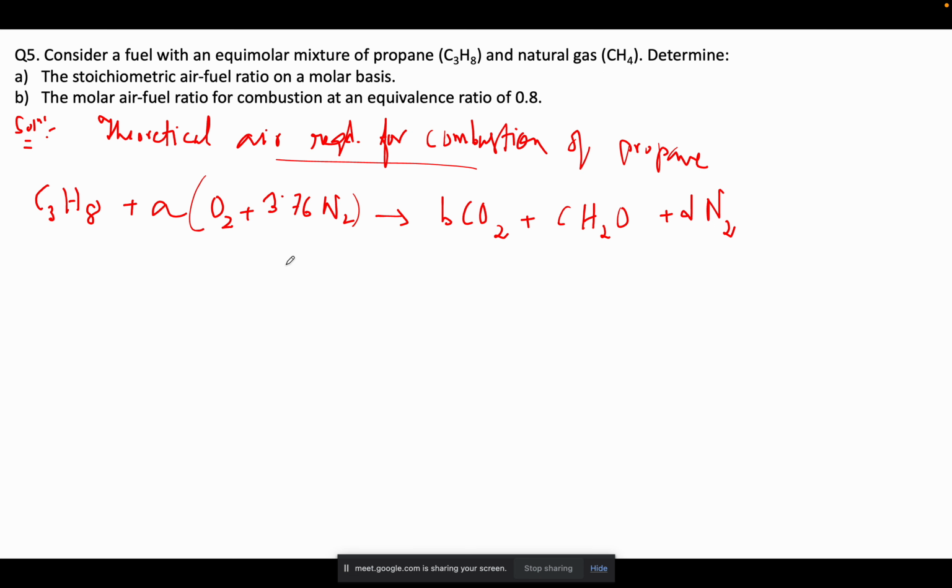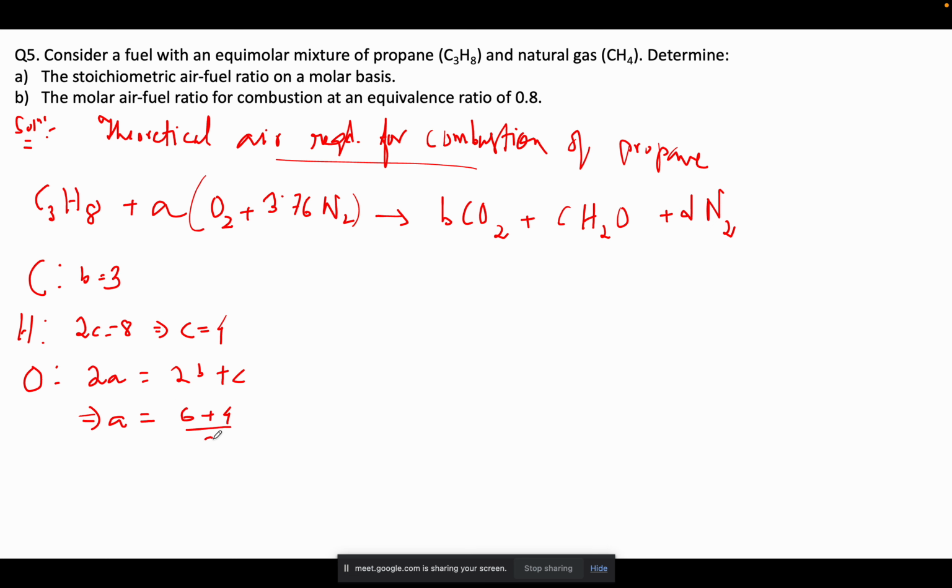Okay, so for carbon you'll get B is equal to 3. Balance for hydrogen will give you 2C is equal to 8, so C is equal to 4. Balance for oxygen will give you 2A is equal to 2B plus C, so A is equal to (2 into 3 plus 4) by 2, that is 5.